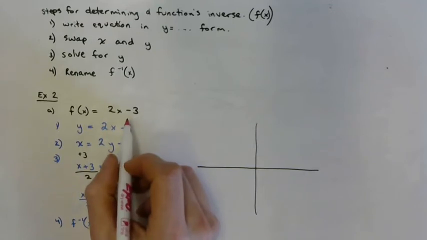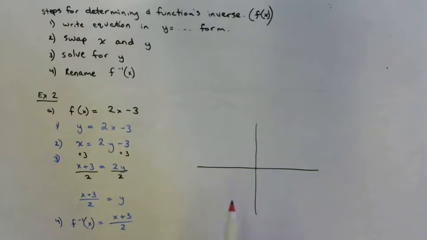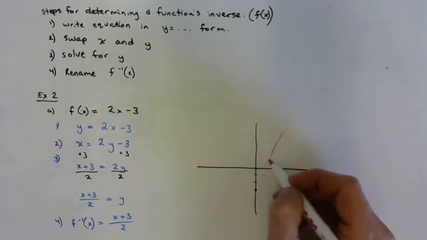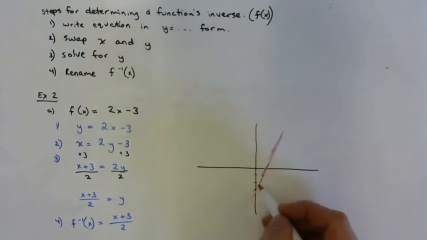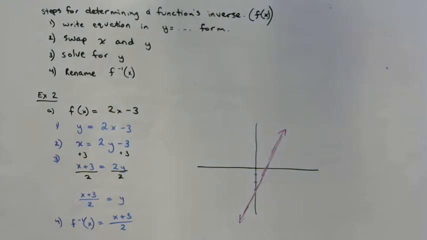It's a straight line. It's in y equals mx plus b form. So what's the y-intercept? Negative 3. What's the slope? 2. So from negative 3, you have a slope of 2, up 2 over 1. Rise over run. Okay, it looks something like that.